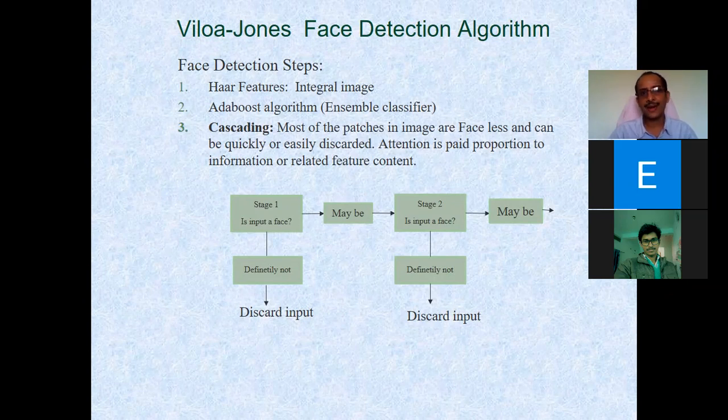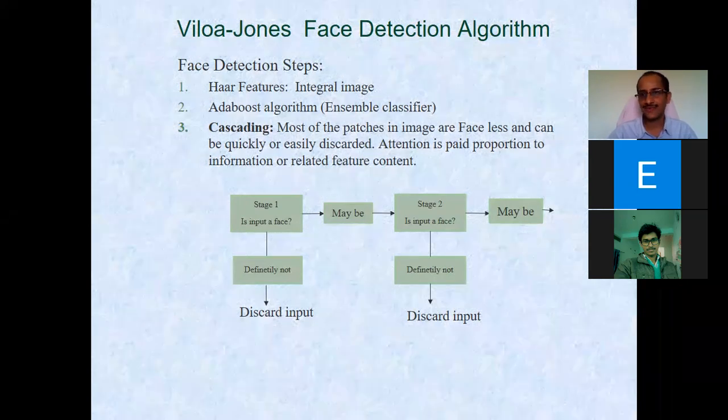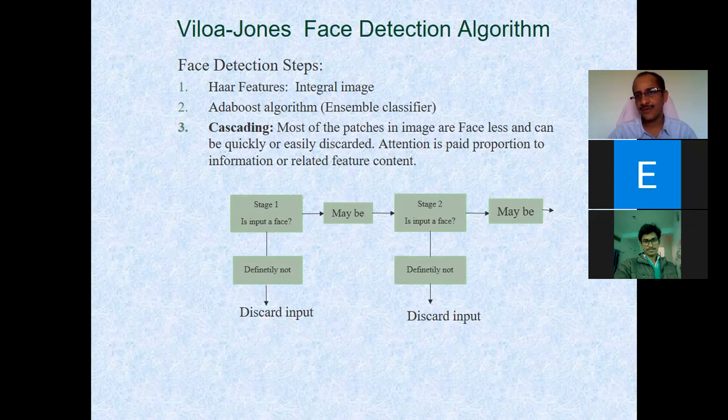Subsequently, they applied an ensemble classifier, which I will discuss later, for classification. And the procedure they followed to decide face or not is a cascading approach. This cascading approach is also very well known in computer vision.